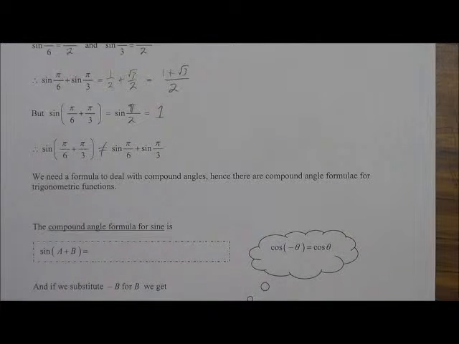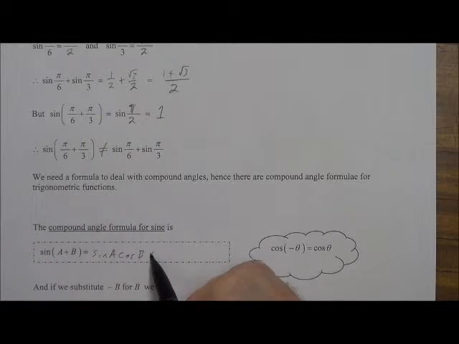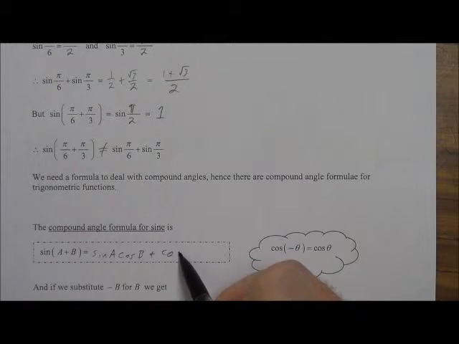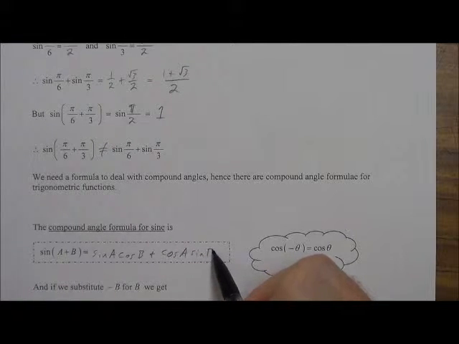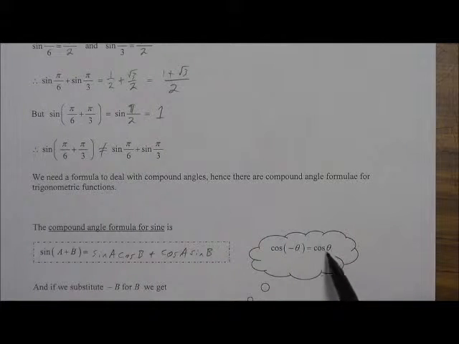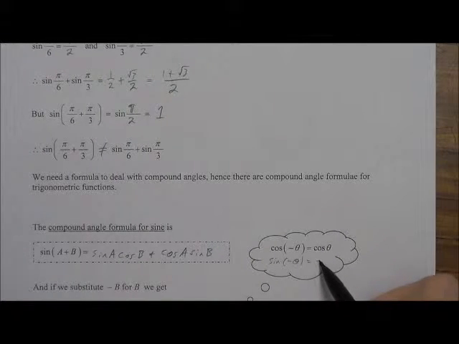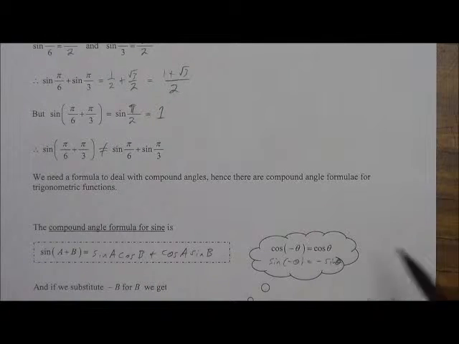So now we'll fill in these formulas here. We see that the compound angle formula for sine, when we have sine of an angle plus a different angle, is sine A cos B plus cos A sine B. Okay? Cos of negative theta is cos theta from the CAST rule, and sine of negative theta is negative sine theta, again from the CAST rule.